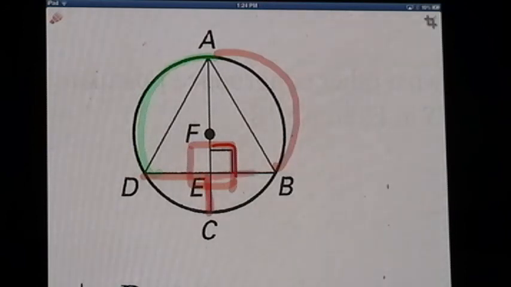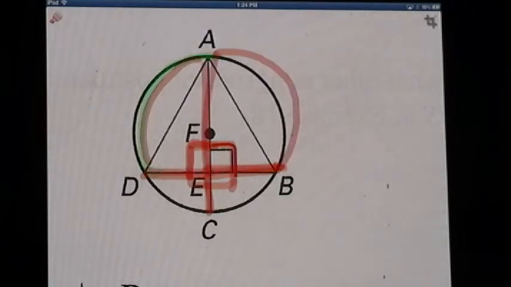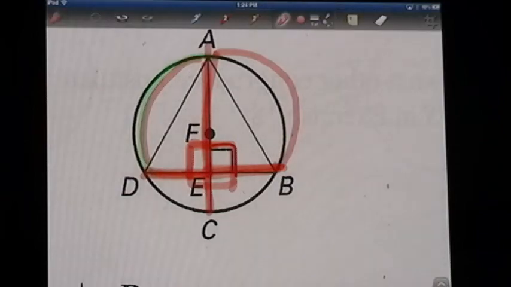And I've got this right angle here, and that has nothing to do with either of those arcs. But this right angle, that has to do with this arc. So I'm thinking these 2 right angles must be what they're talking about. AEB is congruent to AED, because those are going to have to do with those arcs.